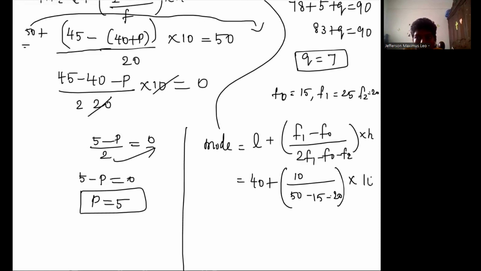H, the class size, is 10. So 40 plus 10 by 15 times 10. Correct. So 2 fives are, 3 fives are. So 40 plus 20 by 3.